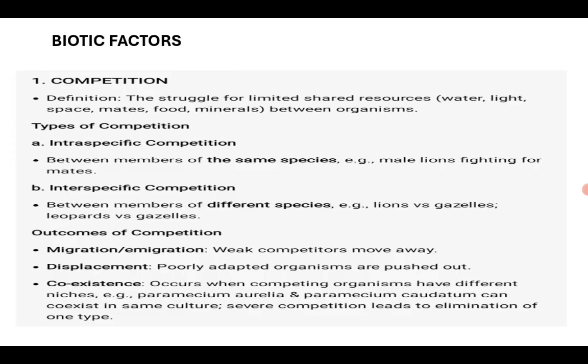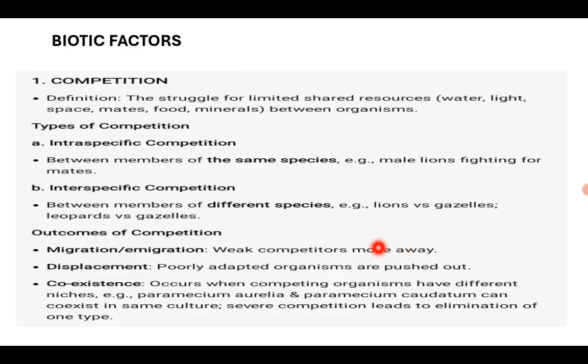So competition leads to a number of consequences. Competition can lead to migration or emigration, movement of organisms from one place to another, especially the weak ones. The weak competitors would run away from the ecosystem.